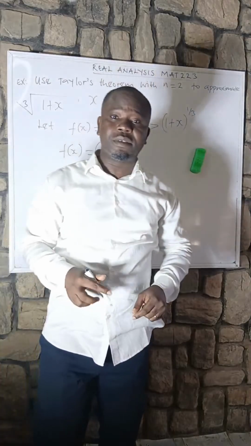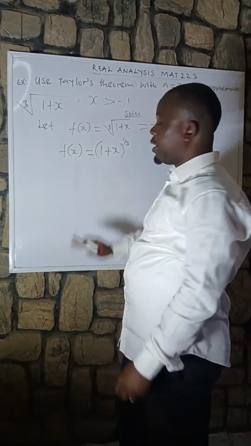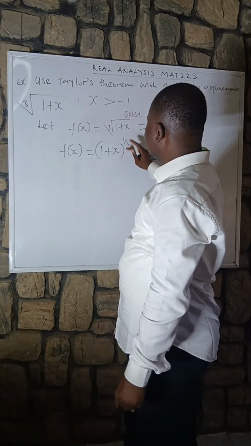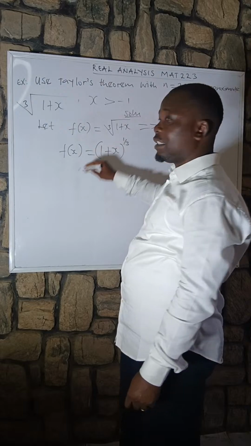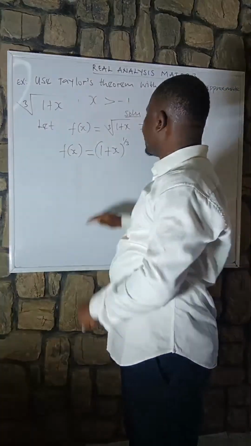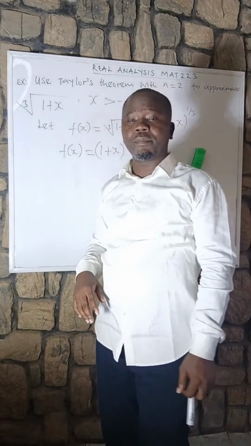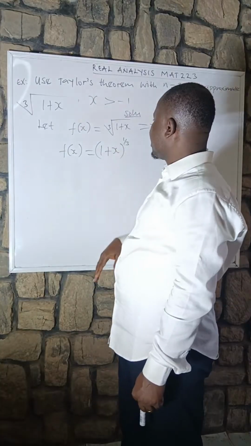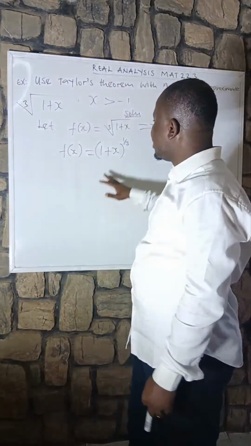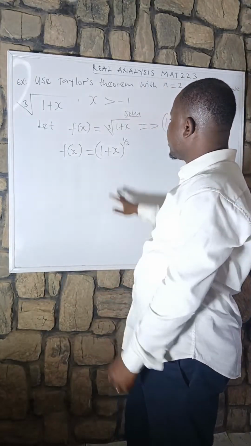How many times? Just 2 times. So how can we differentiate this function? As simple as ABC. We can use the substitution method to differentiate this function, but because of time, we can differentiate directly. Is that clear? We use the direct approach.